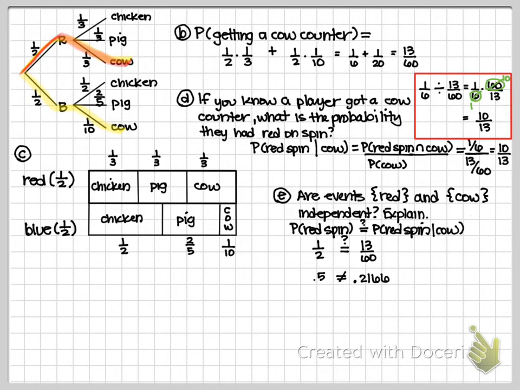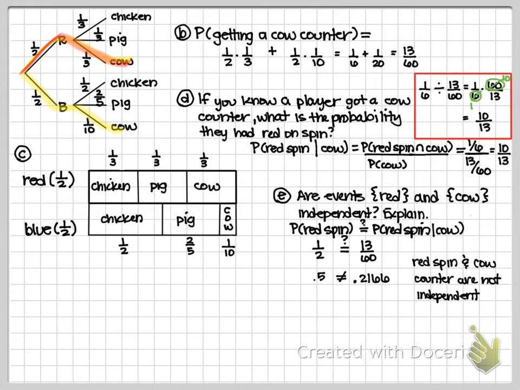So these are not going to be independent. So I would say, red spin and cow counter are not independent. Remember, not independent means associated.